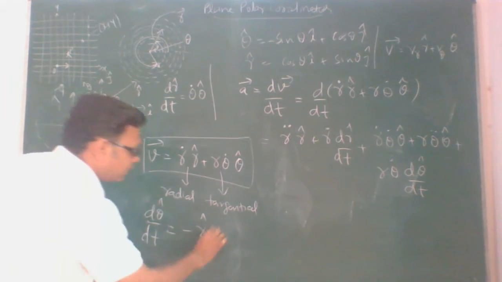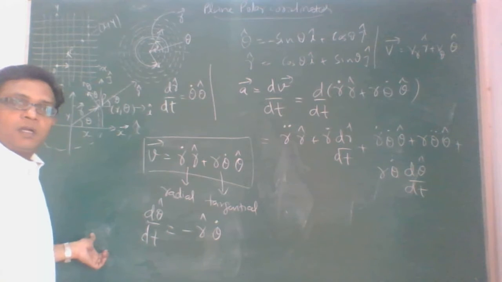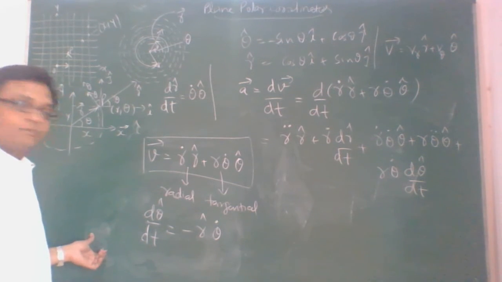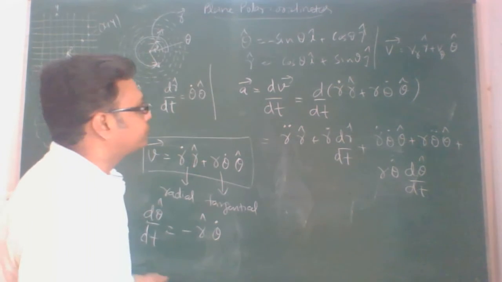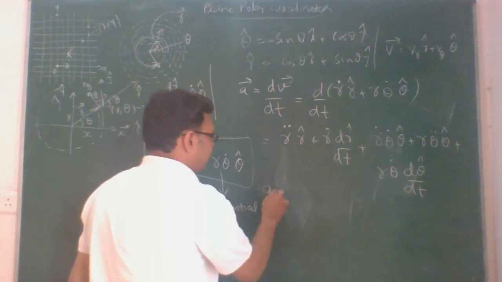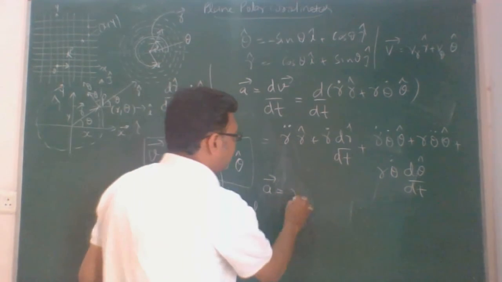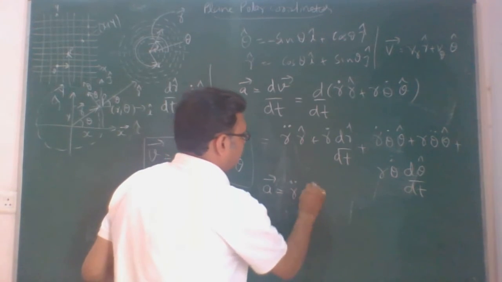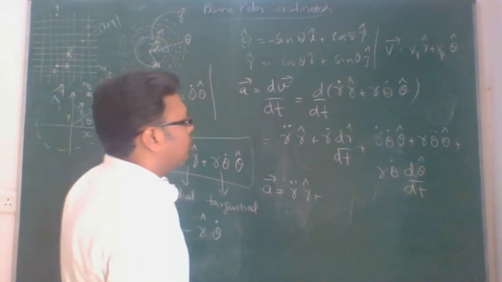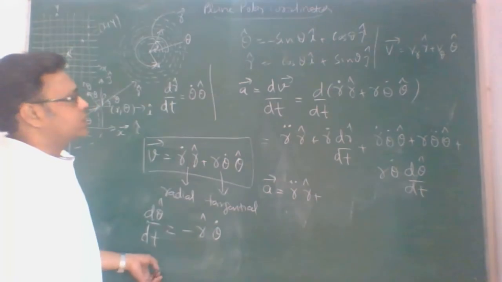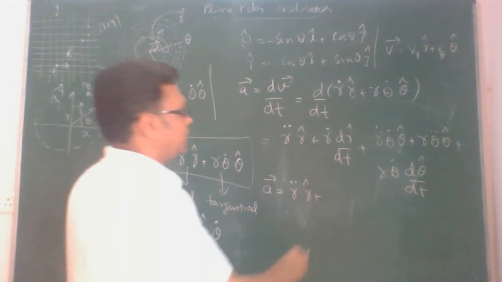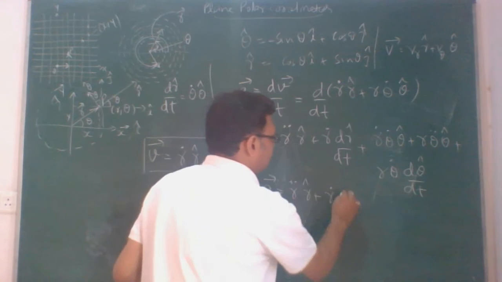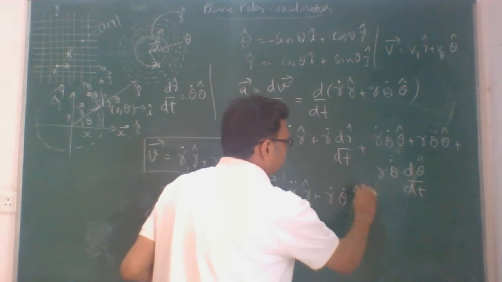Minus of r cap with theta dot. Fine. So now I am going to use it here for summarizing the expression. We know already dr cap over dt is theta dot theta cap.